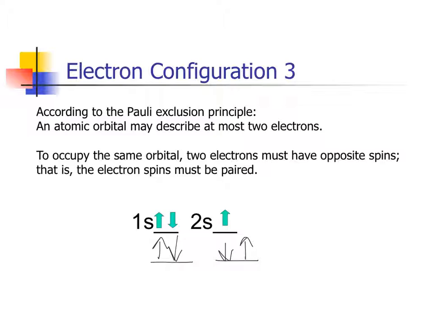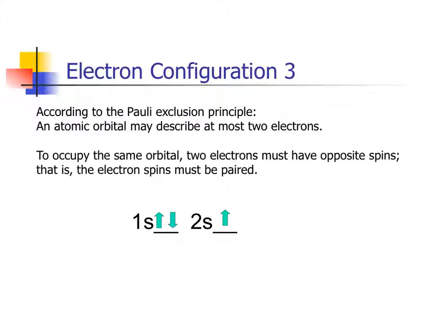You'll notice, though, that in this example, we have up, down, and then in 2s, we have up again. And why is there only 1 in there? Why don't I just take that and move it over there? Well, that's because you can't, because each dash can only hold 2 electrons. So we would look at this and say, there's 3 electrons here.